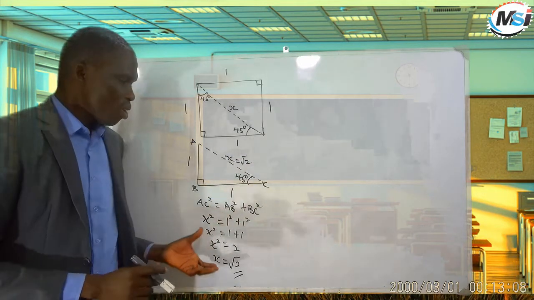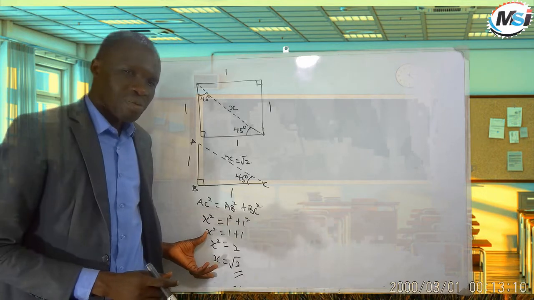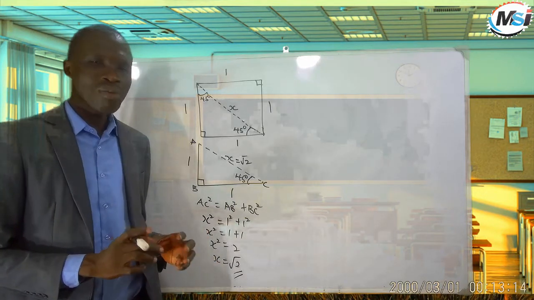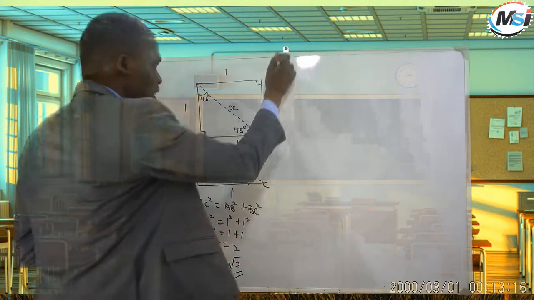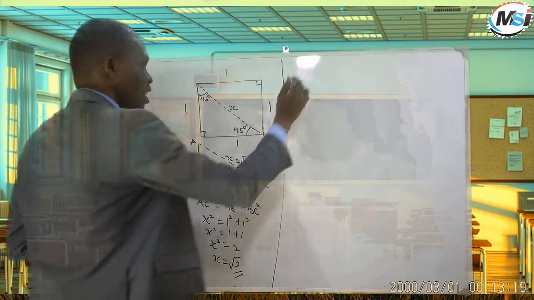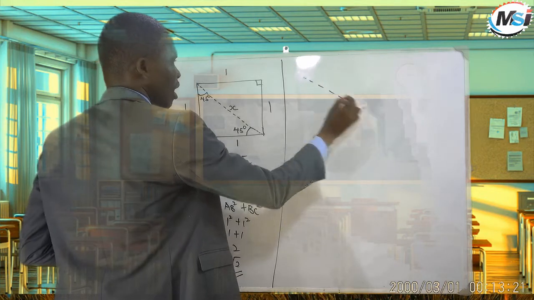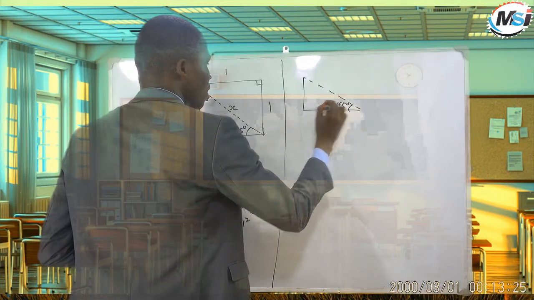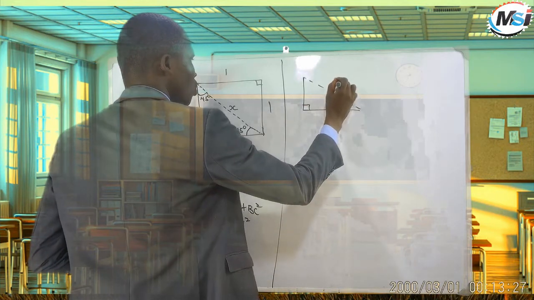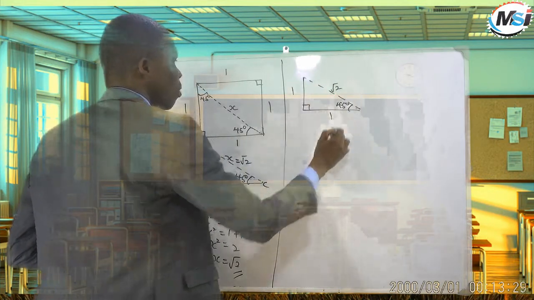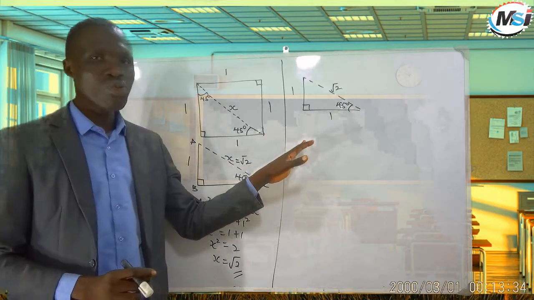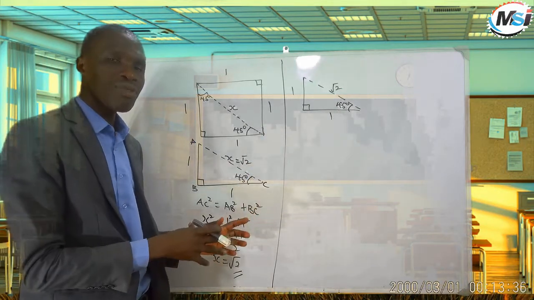Once we are through with this, from this isosceles triangle, we can obtain something like this: angle 45, root 2, 1, 1.